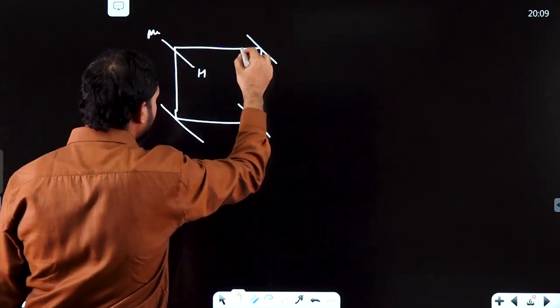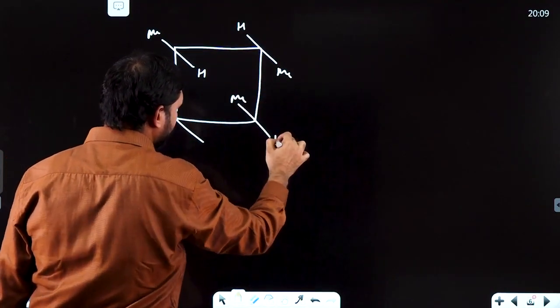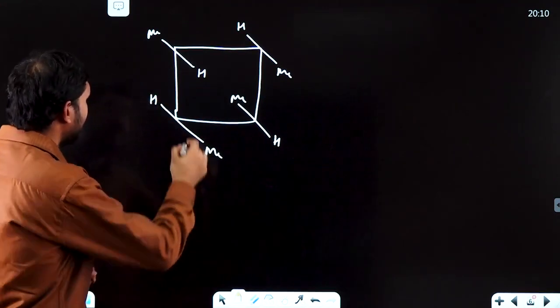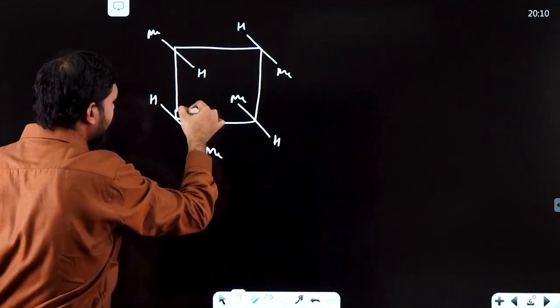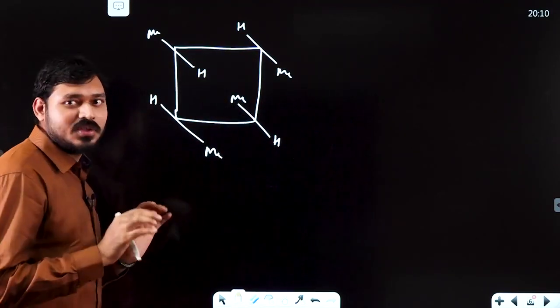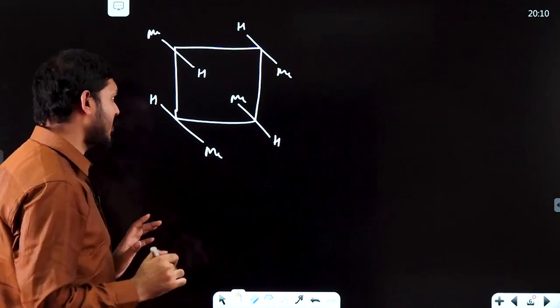Methyl, H. This is your 1, 2, 3, 4. It is cyclobutane having 1, 2, 3, 4 tetramethyl. So this compound is your 1,2,3,4-tetramethylcyclobutane.